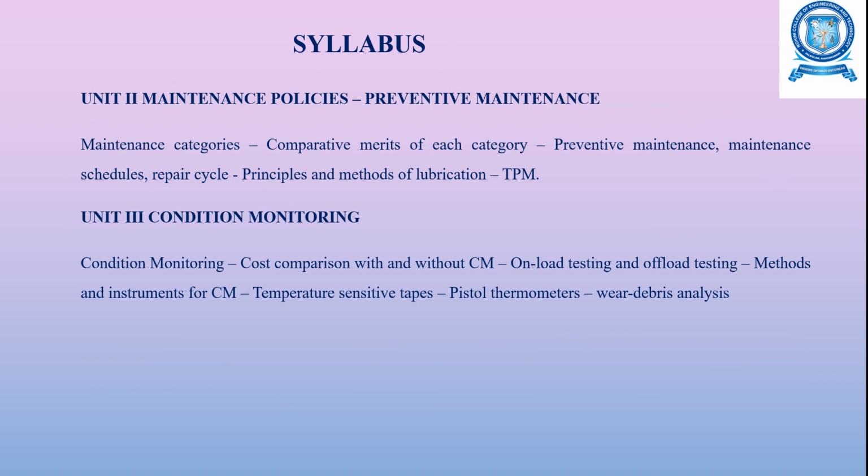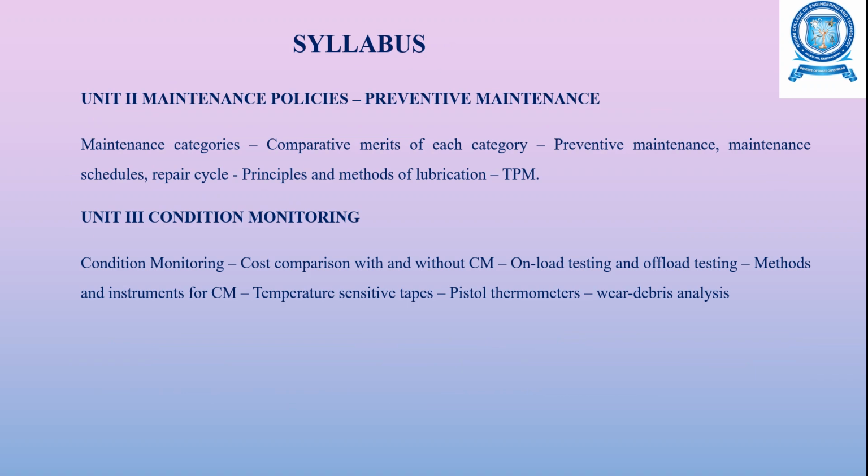From Unit 2, that is maintenance policies and preventive maintenance, the students will be studying about the maintenance categories, comparative merits of each category, preventive maintenance, maintenance schedules, repair cycles, principles and methods of lubrication, and TPM.